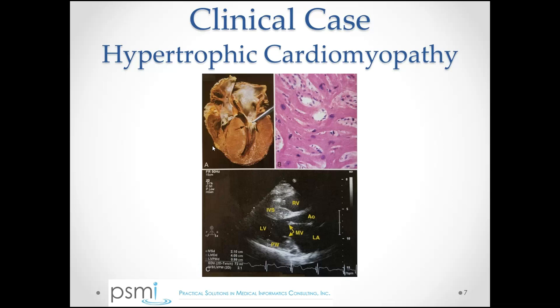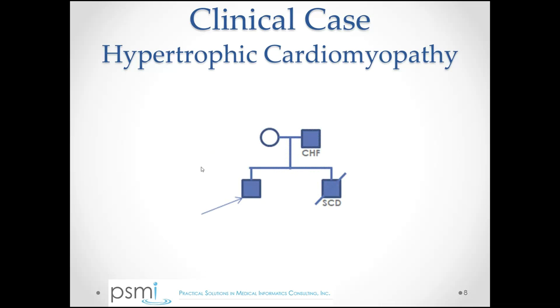Anyhow, consistent with this patient's clinical history, physical features, and family history, he was felt to have a familial form of hypertrophic cardiomyopathy. If we look at his family history, his father had congestive heart failure, and his brother died at the age of 18 from sudden cardiac death.